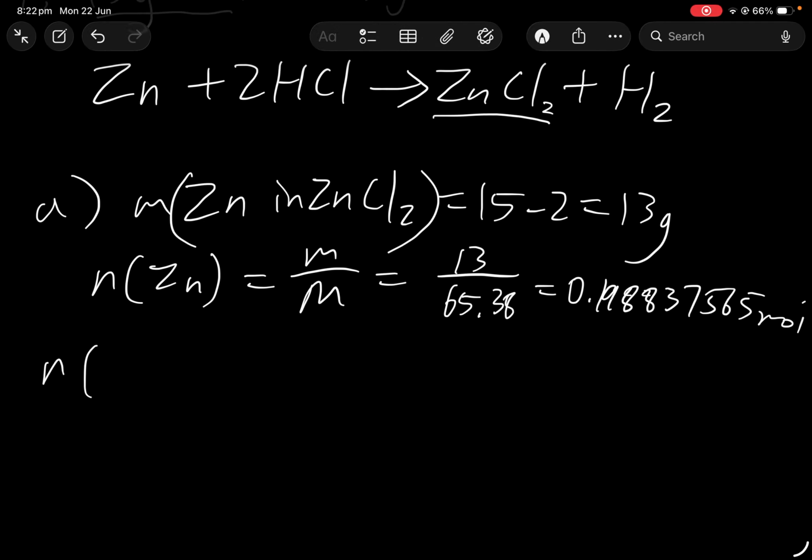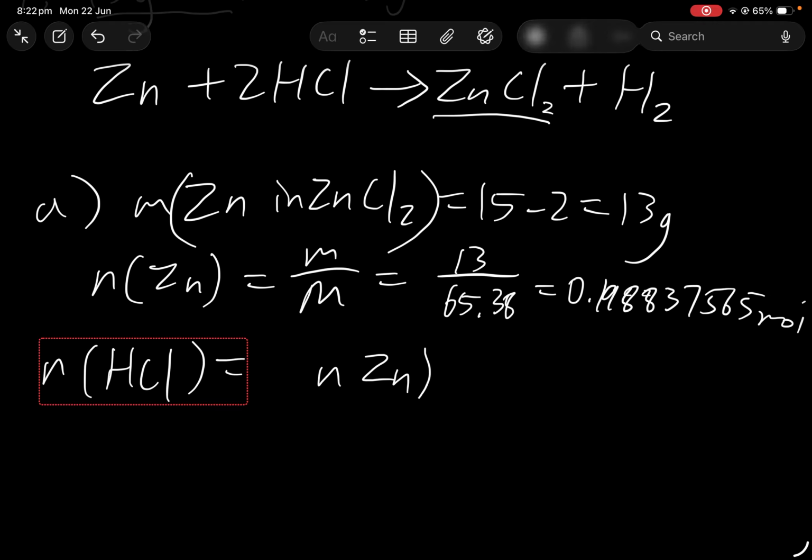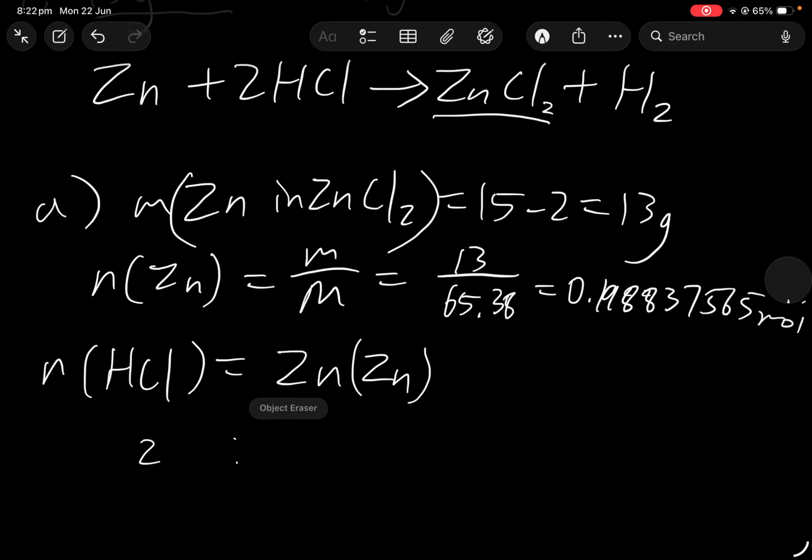Now I have to find the number of moles of the HCl, because that's what the question is asking. Look, this is 2, this is 1, which means to get these to equal, we need a 2 in front.